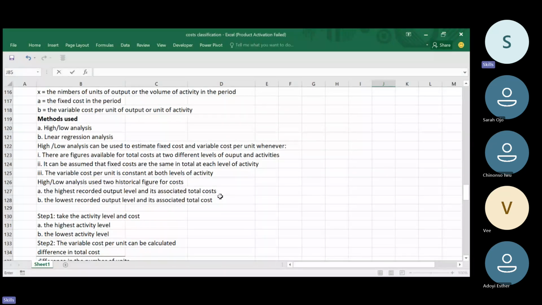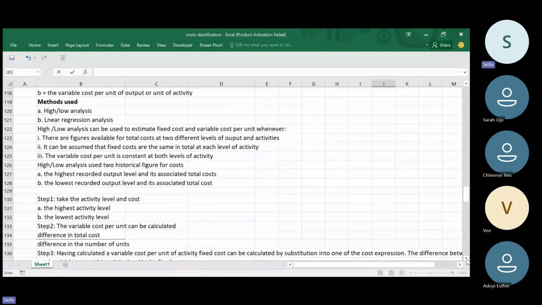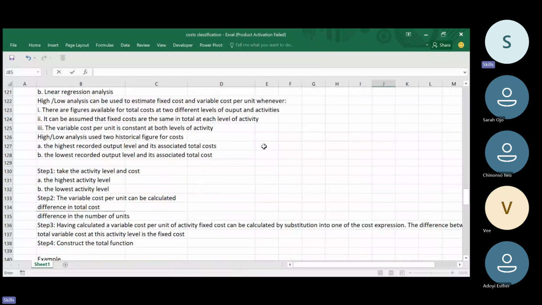Secondly, the lowest recorded output level and its associated cost. So these are the two historical figures that we use in high and low analysis. If we're carrying out the cost segregation using the high and low analysis, this is what is expected of you.